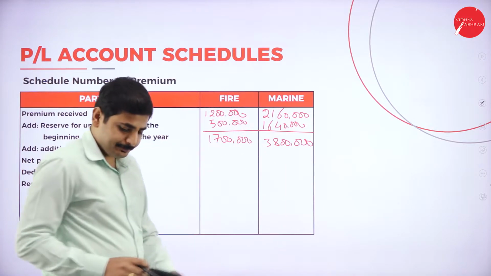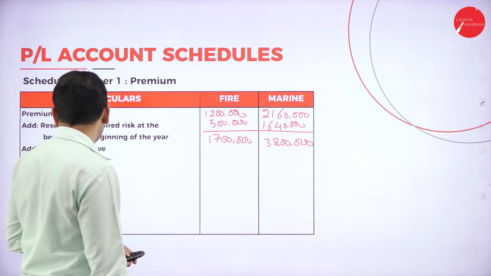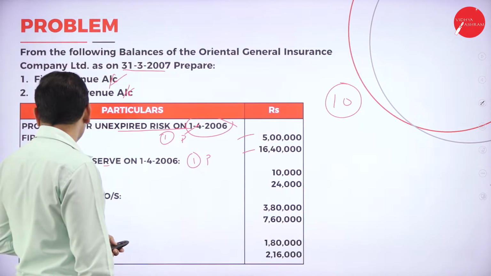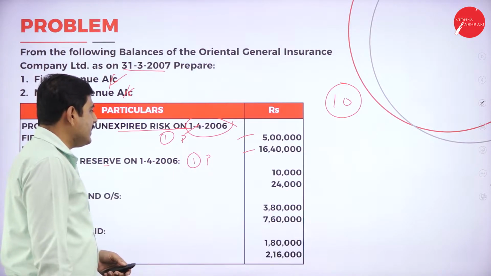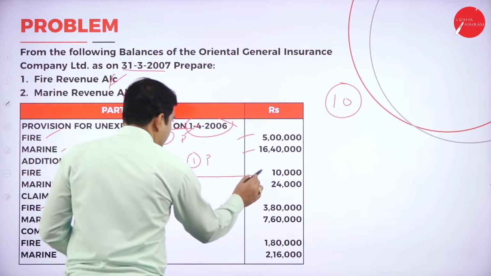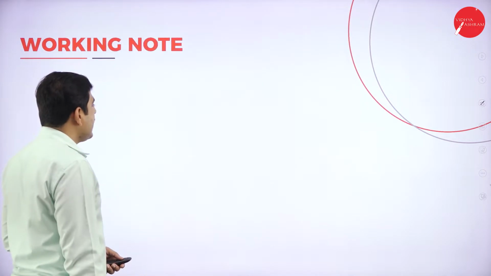Next point, add additional reserve. What is the additional reserve? He has given the additional reserve on 1/4/2006: in case of fire it is 10,000, in case of marine it is 24,000. Let's add this.